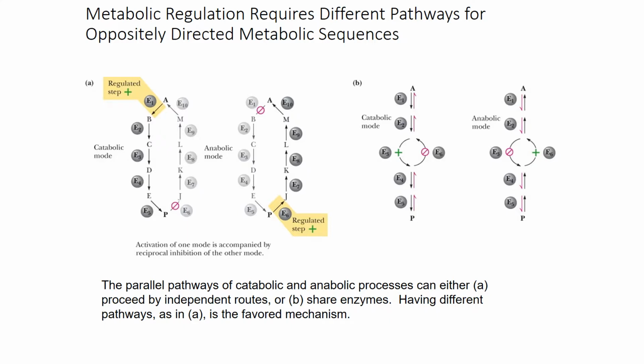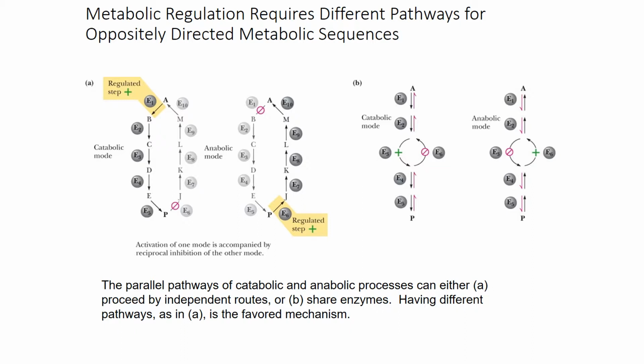Metabolic processes must be regulated. If not controlled, we will have too much energy or too little energy, or all kinds of detrimental things could occur. So we're looking at two different ways that pathways may be regulated. In A, we have enzyme 1 going down to enzyme 5, which produces a product, and we have intermediate products along the way.